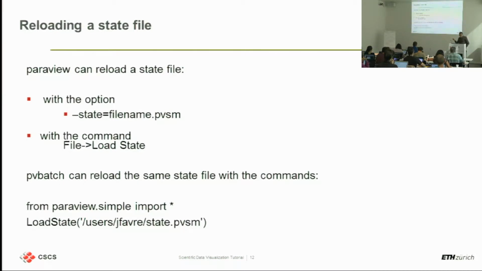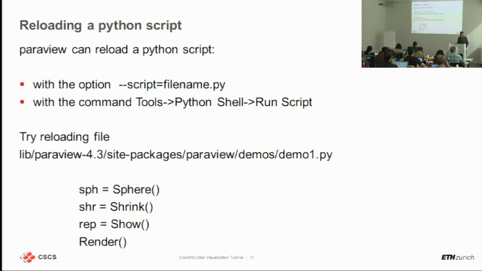It's there. I use Python scripts because Python scripts are readable. We've seen how to reload the Python script using the Python shell. You can also start ParaView with the option --script=filename. There's no space here. If you put a space, it doesn't work.